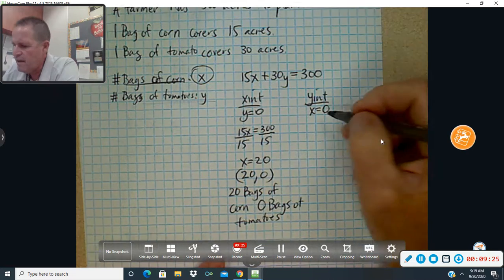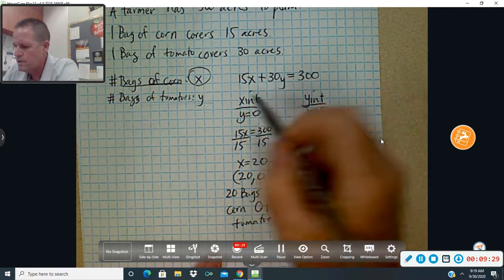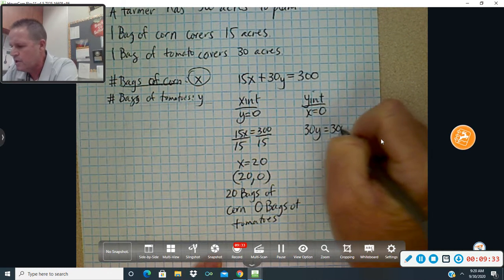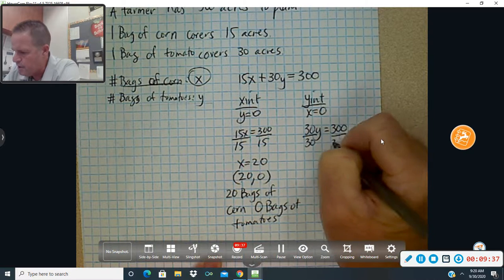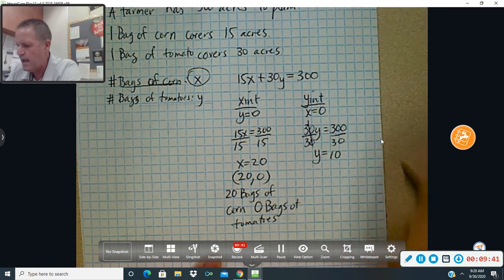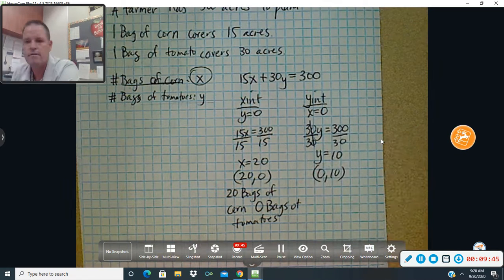Now, if he does the y-intercept, that's where x is 0. So 15 times 0 is 0, so you'd have 30y equals 300. Divide each side by 30 to get y equals 10. So that's (0, 10).